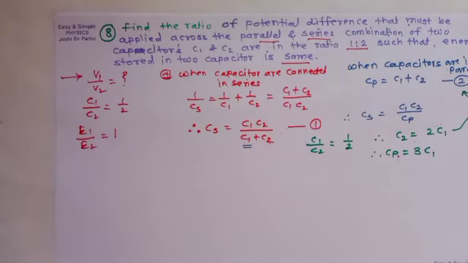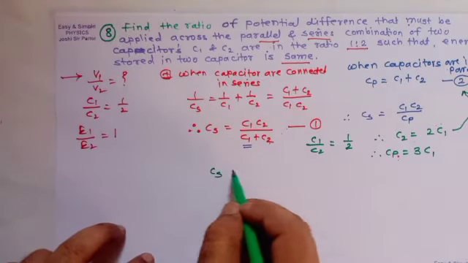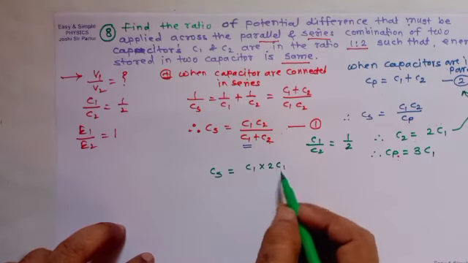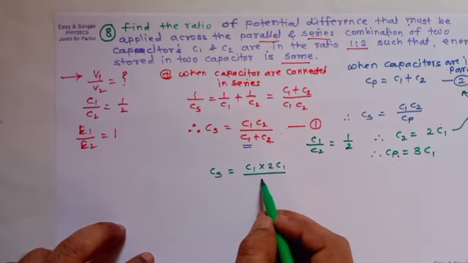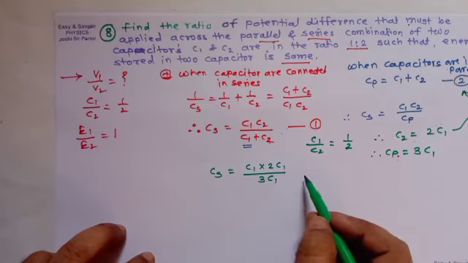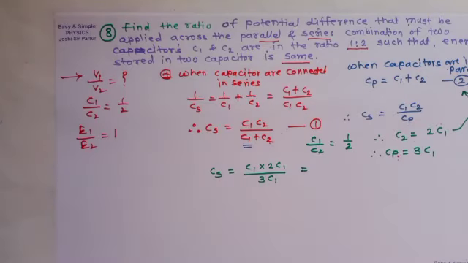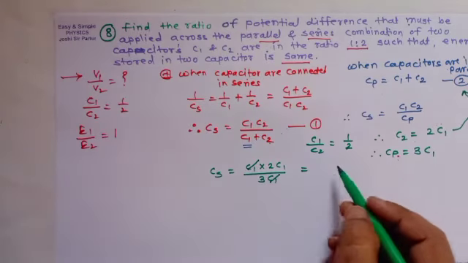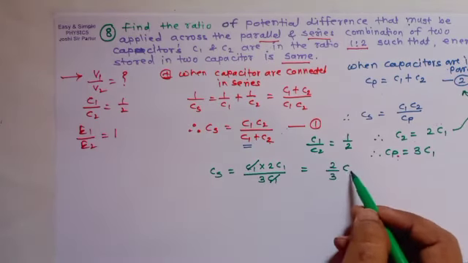Now if we substitute the values, Cs is equal to C1 multiplied by 2C1 upon 3C1. C1 gets cancelled, so Cs is 2 upon 3 C1.